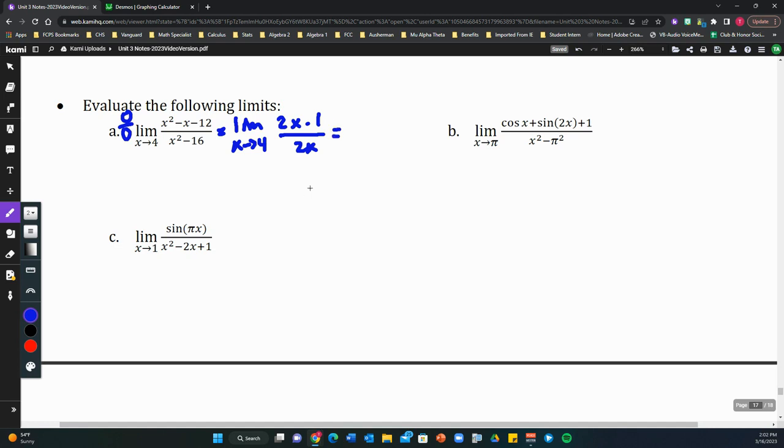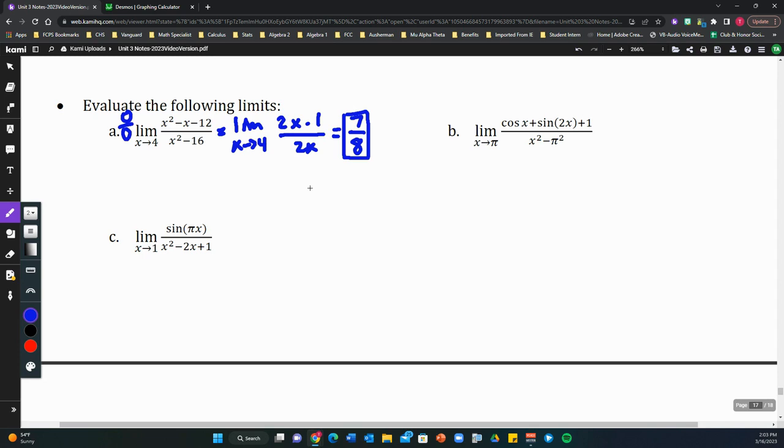And in this case, if I substitute 4 in, I get 2 times 4 is 8 minus 1 is 7 over 2 times 4 is 8. And that is the exact same answer that we got earlier, but you can see how much faster and easier this was to get to that final answer than having to worry about factoring, reducing, and then rewriting and reevaluating. So very short and sweet, some of these L'Hopital's rule problems.